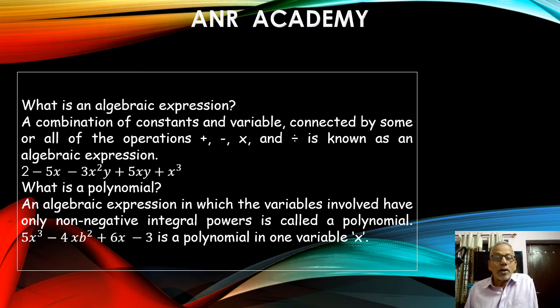What is an algebraic expression? A combination of constants and variables connected by some or all of the operations like plus, minus, multiplied by and divided by is known as an algebraic expression.